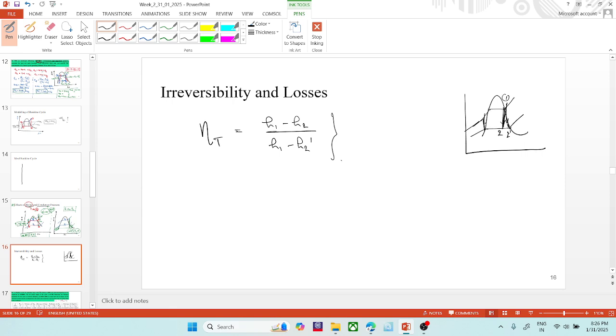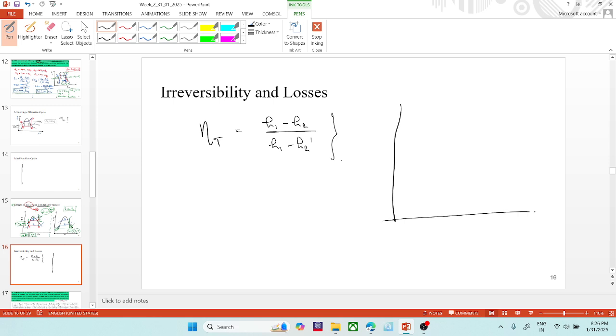Let me not be in a hurry, let me make the things more spacious.